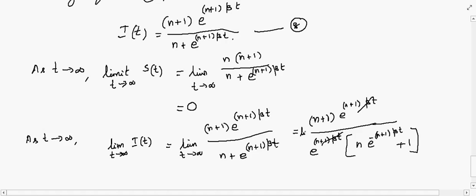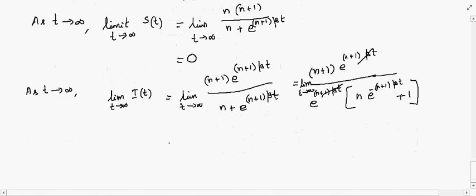Okay, I have forgotten to write limit. Then limit, in the numerator there is n+1 and in the denominator n e^(-(n+1)βt) + 1, as t tends to infinity.